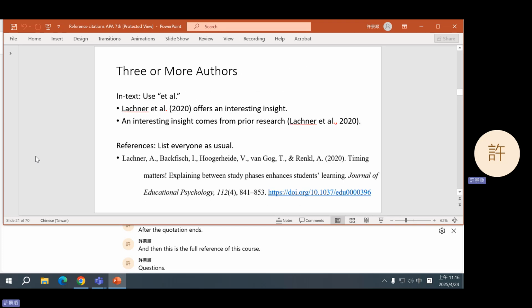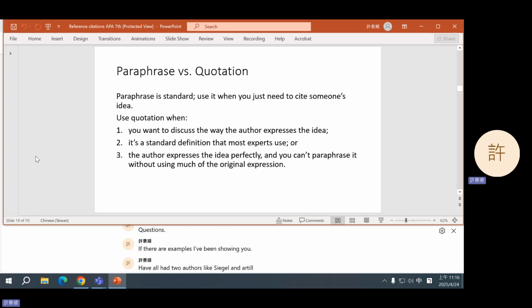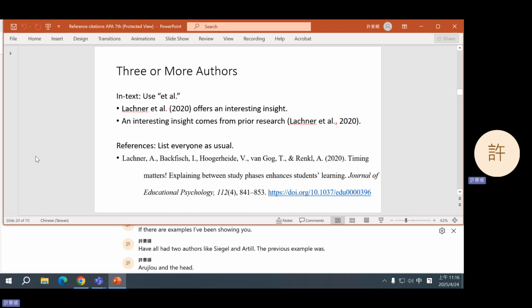Now, the examples I've been showing you have all had two authors, right? Siegel and Hartzell. The previous example was Arujlu and Henry, two authors. If you have three or more authors, you have to cite them differently.